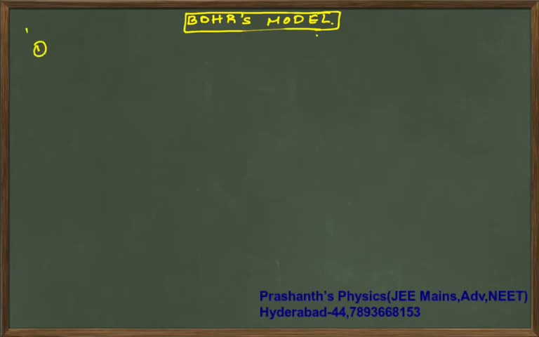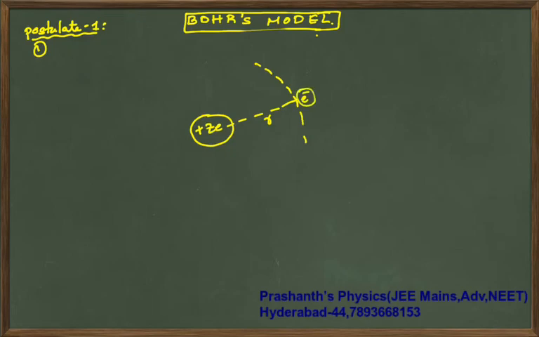Your first postulate says the positive charge will be at the center, and the electrons will revolve around the nucleus in circular orbits.